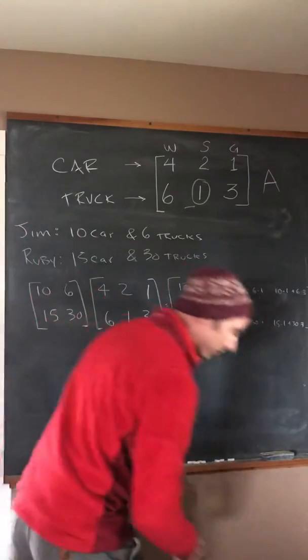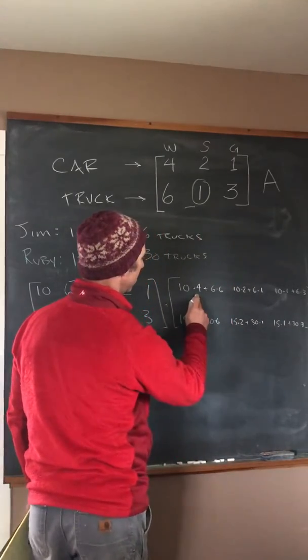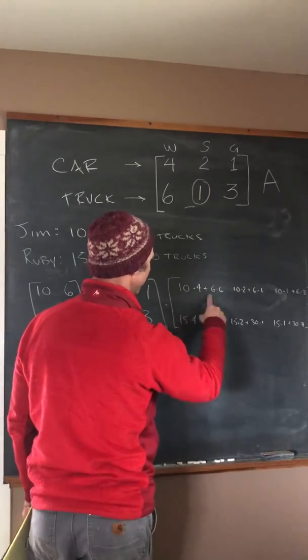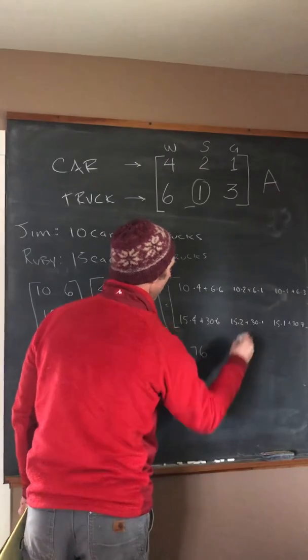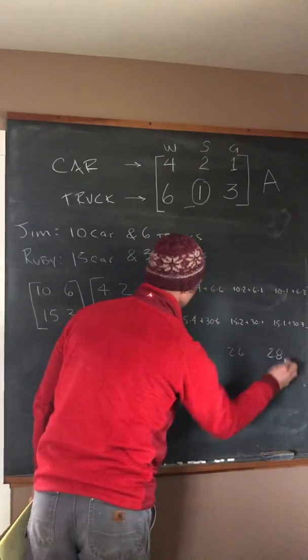So let's go ahead and sum this one up. Let's see, what do we got? 40 plus 36, so 76, 26, 18.